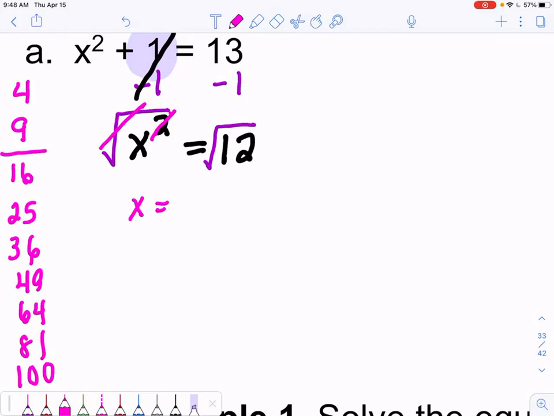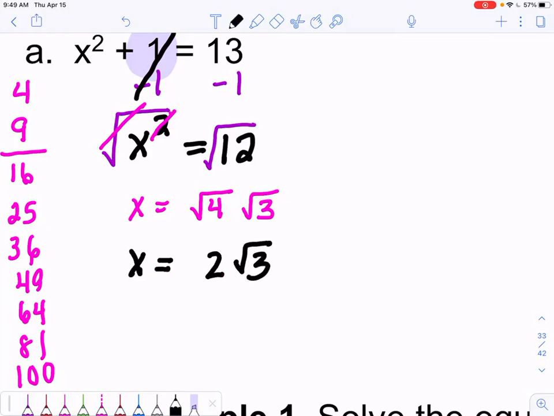So this is what we did yesterday and Monday and Tuesday. So the square root of 12 becomes the square root of 4. And Emma, 4 times what makes 12? 3. So the square root of 4 becomes 2, and then we have the square root of 3.